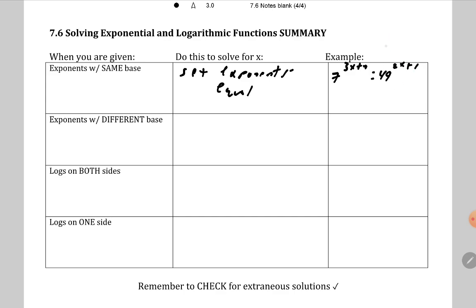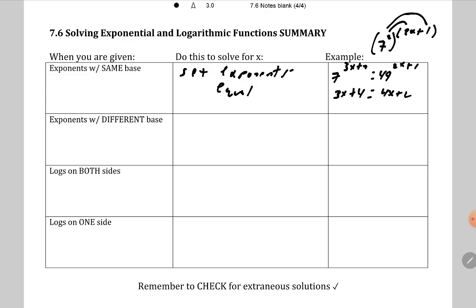Remember, 49 to the 2x plus 1 is the same thing as 7 squared to the 2x plus 1. So those exponents get multiplied. So 3x plus 4 is equal to 4x plus 2. That's me distributing this 2 to those 2.